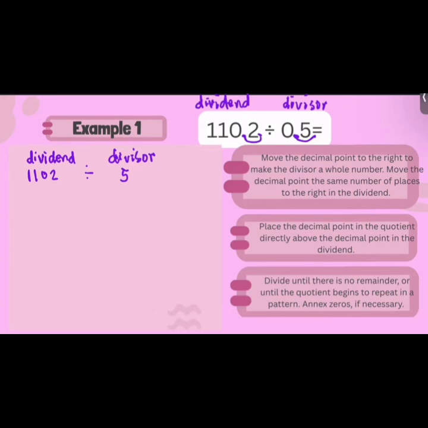Now, let's proceed with our division. Rewrite our dividend and divisor into the long division method.